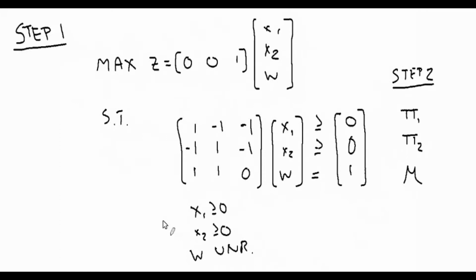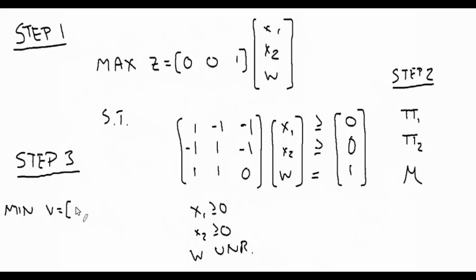Now let's do step 3. Step 3 is constructing the dual objective function. And that is, if we have a maximization problem, the primal, the dual is minimize. We'll say v is equal to, and then we do 0 times pi 1 plus 0 times pi 2 plus 1 times mu.